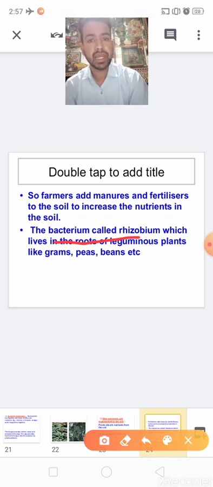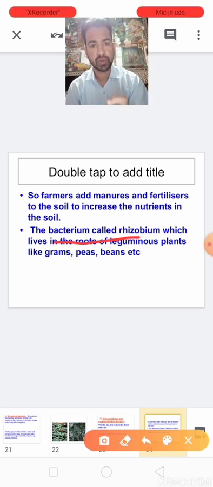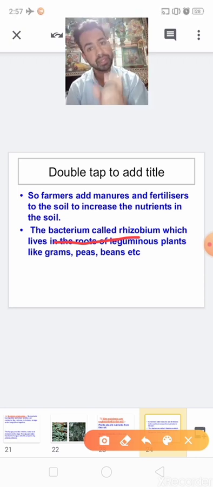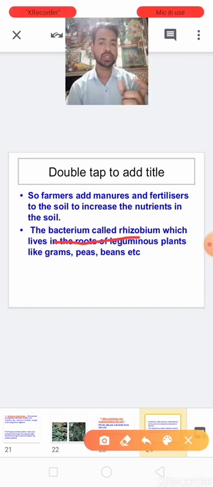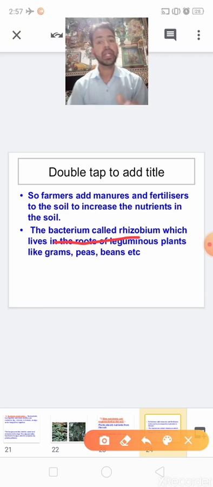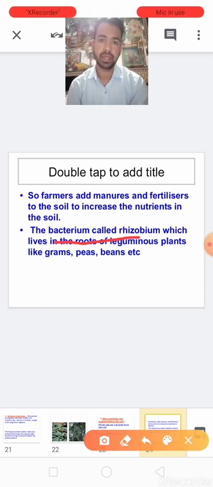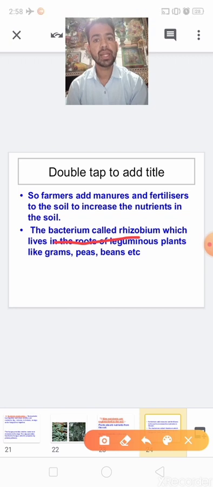So the bacteria fix the atmospheric nitrogen. Nitrogen is a nutrient, a mineral. So they fix the atmospheric nitrogen, convert it into usable nitrogen and give it to the soil. In this way, the soil restores its nutrients.